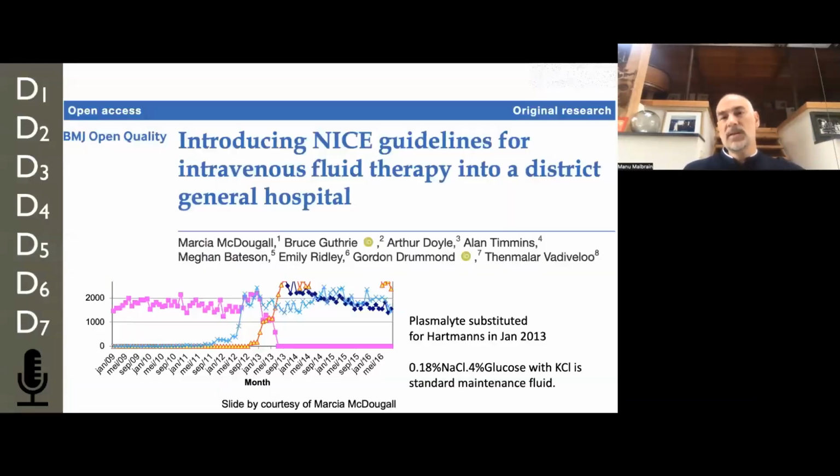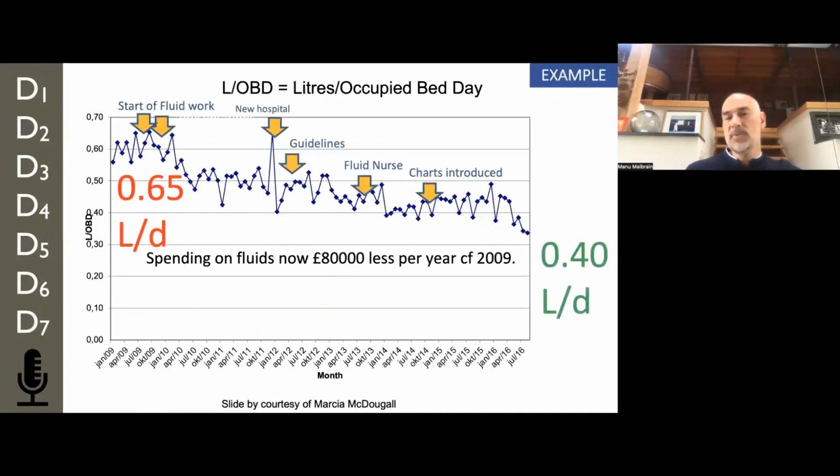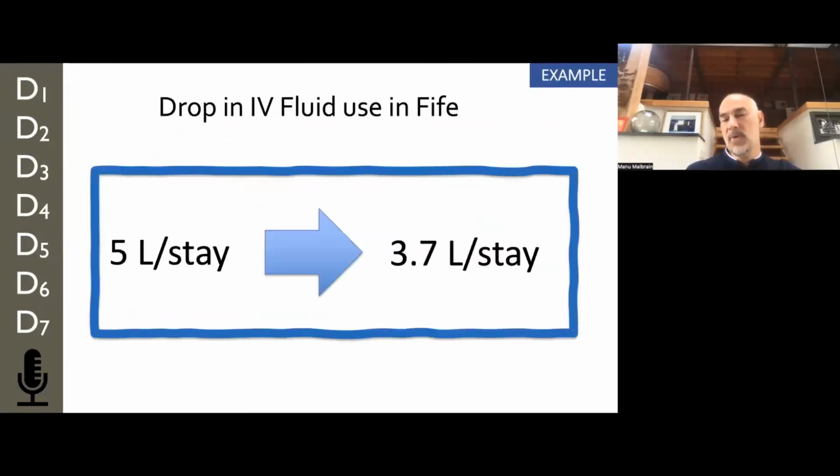The last D, D7, is about documentation, and I'm very happy to see that the study of Marshall and McDougall is published. Over the years, by introducing fluid stewardship, they were able to reduce fluid use from 0.65 liters per day to 0.4 liters per day, and from 5 liters per day to 3.7 liters per day.